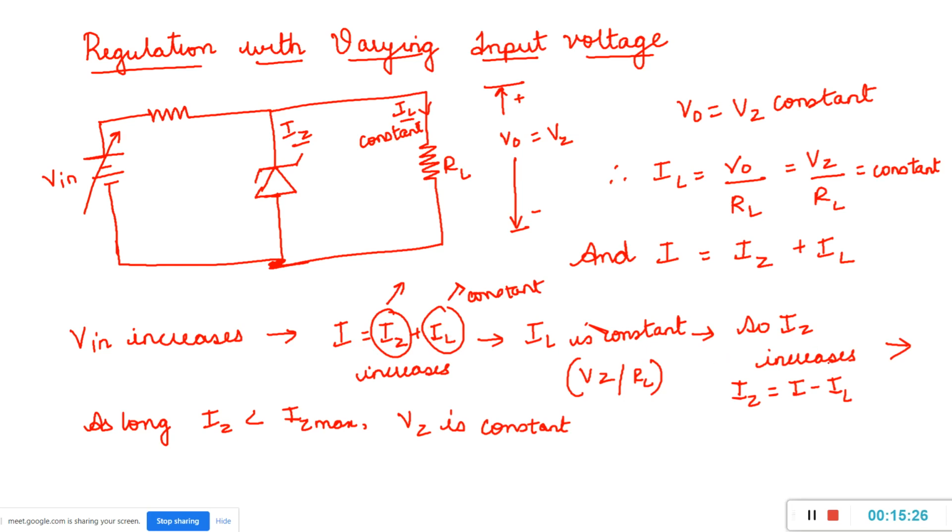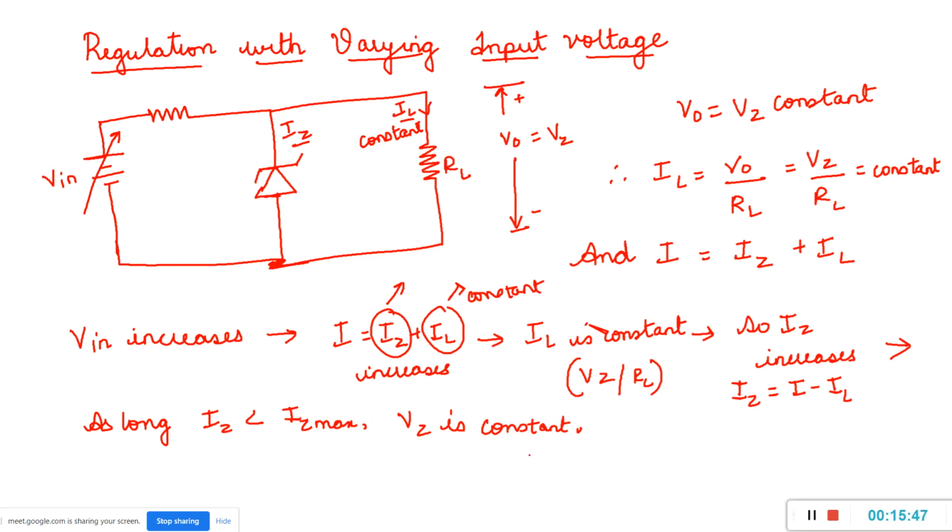So Iz is equal to I minus IL. Whenever Iz is less than Iz max, for this condition only Vz is constant. So even if I vary the input voltage now, I am getting Vz as constant.